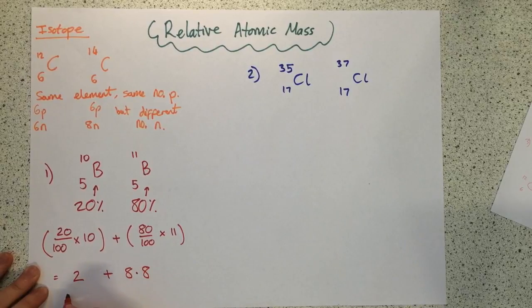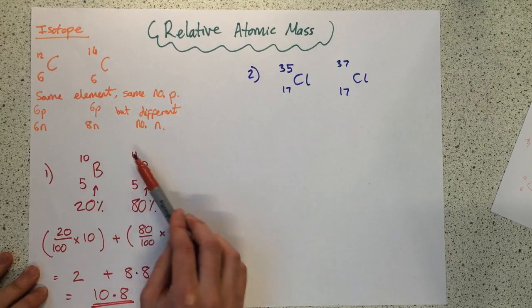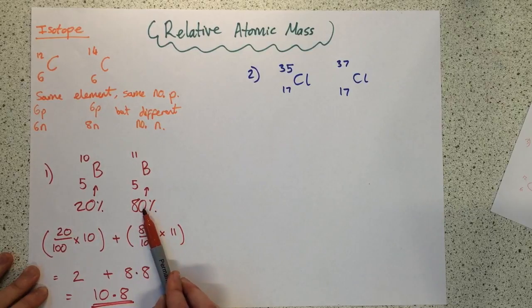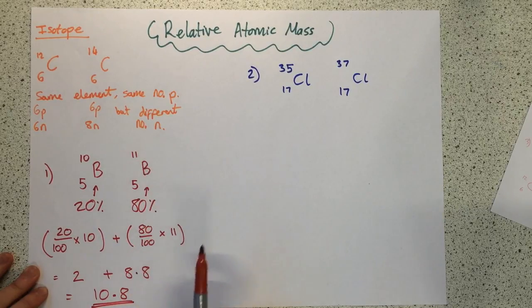Add those together, you get 10.8. So the average or relative atomic mass of boron is 10.8. Does that make sense? Well, yes, it's between 10 and 11, and it's closer to 11 because most of it is boron 11. So this makes sense.